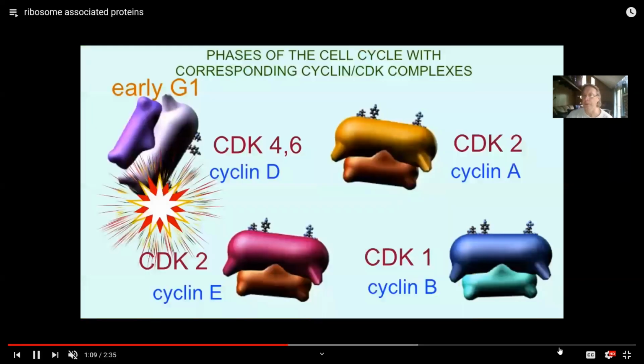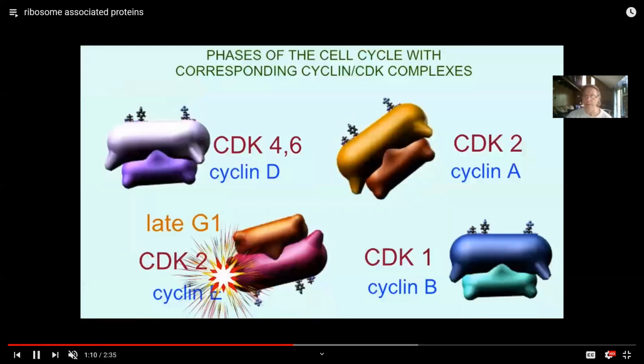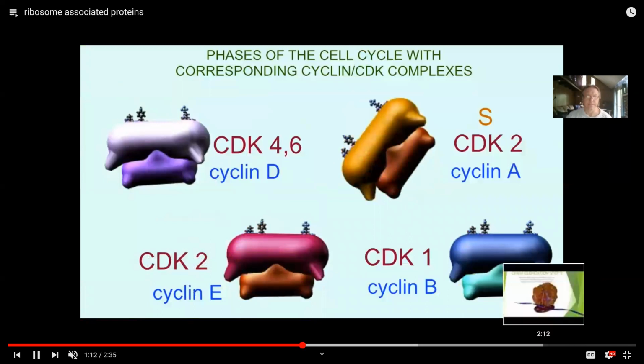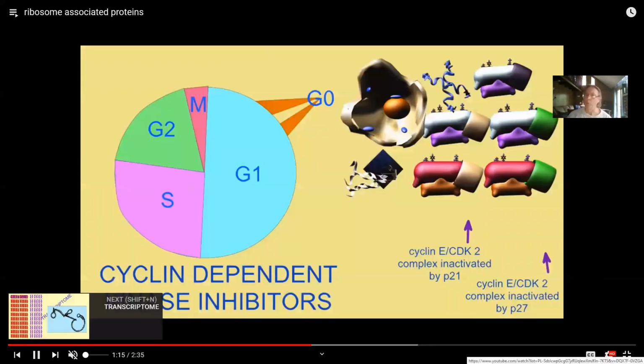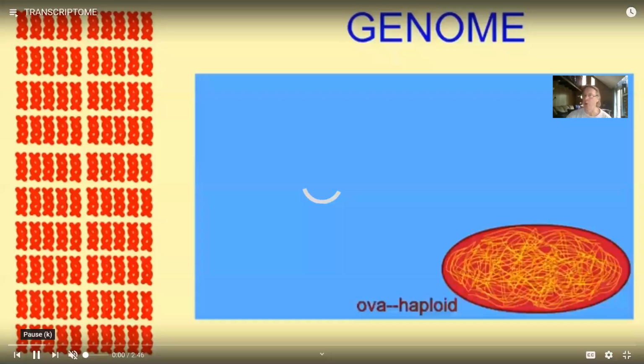And so there are lots of other factors involved. A point I've made before, and so here it's saying that, when we go through different parts of the cell cycle, we can then make proteins associated with ribosomes, which can then change levels of translation at different parts of the cell cycle.